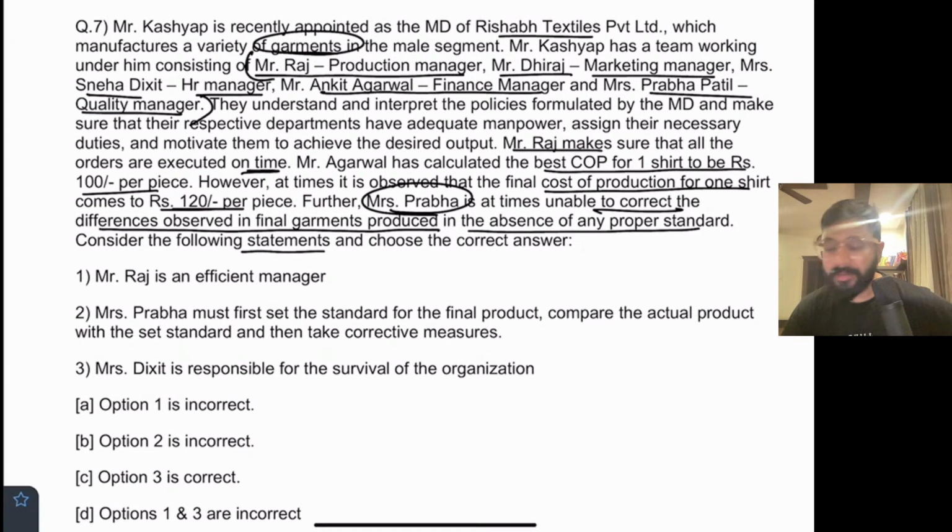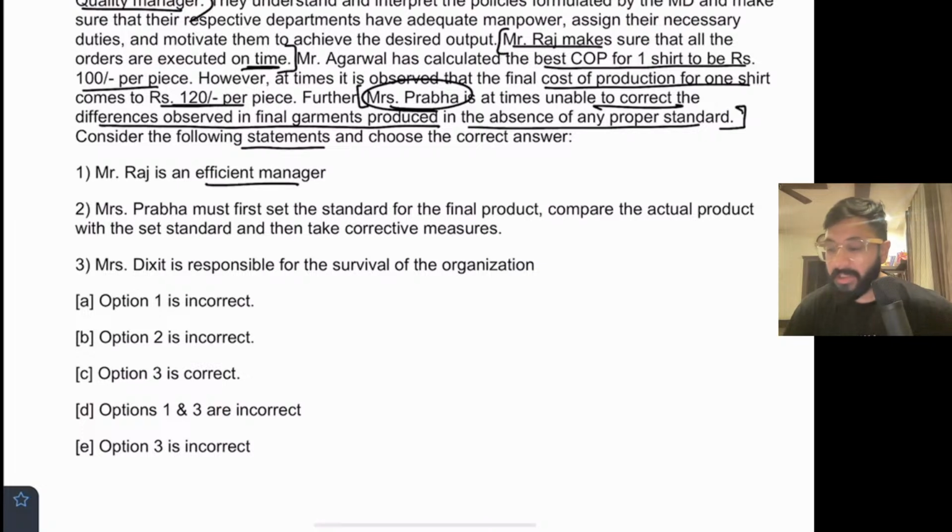So we have told what the work of each of them is. First, Mr. Raj makes sure that all the orders are executed on time. Number 1: Mr. Agarwal has calculated cost of production, but there he observed that there are variations. Further, Mrs. Prabha is at times unable to correct the differences observed in final garments produced in the absence of any proper standard. So standard and quality check is her job. Mr. Raj is an efficient manager.